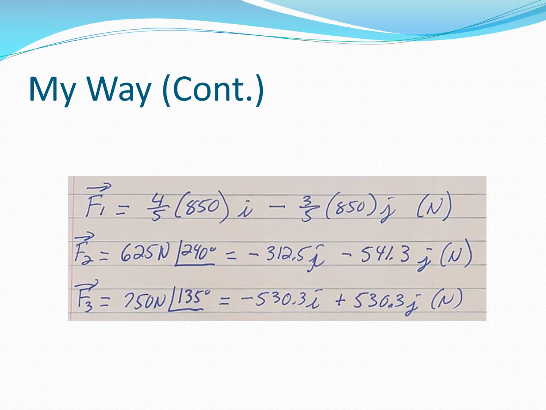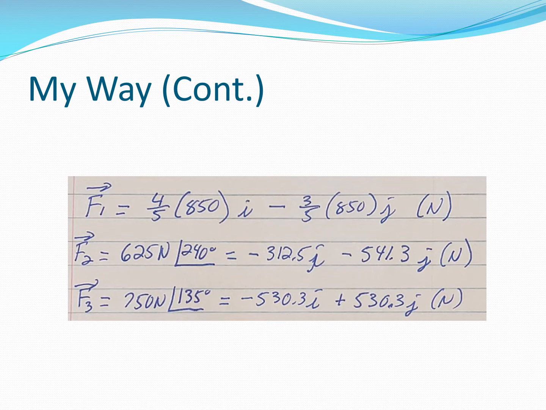So I wrote out the x and y values. We can only go straight ahead. You'll see that 4/5 of the force is along the x-axis and 3/5 of the force is along the y-axis. The x value is positive, the y value is negative. Now for F2 and F3, instead of taking the angles that they were given, I took them from the positive x-axis.